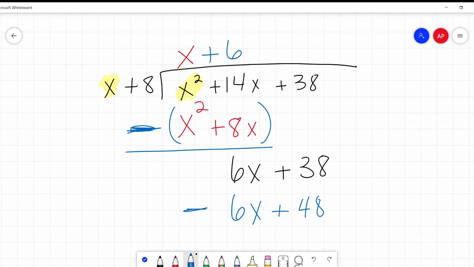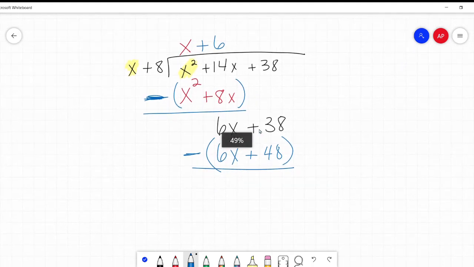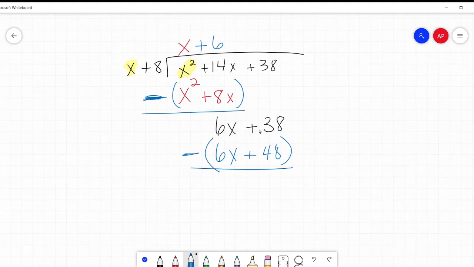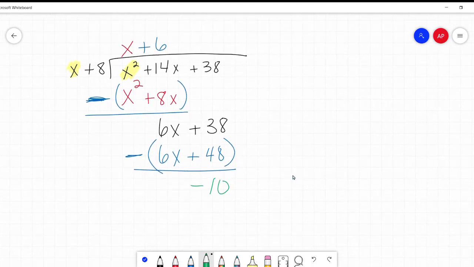I am subtracting all of that. 6x minus 6x is 0. Good, it canceled out. That's what has to happen. 38 minus a positive 48 is negative 10. So I have a remainder of negative 10.